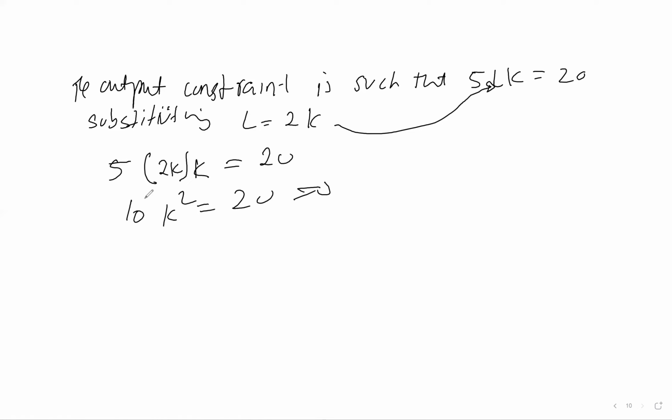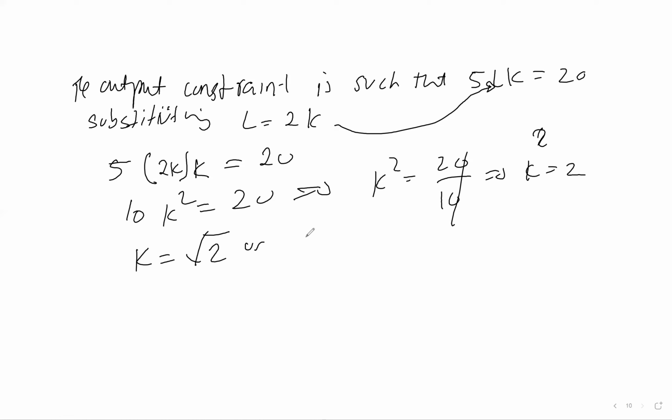So it's simple to solve this one. K squared is equal to 20 over 10. And therefore K is equal to the square root of 2, or you can write this as K is equal to 2 to the power of 1.5.